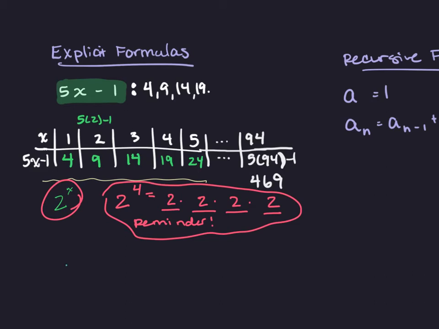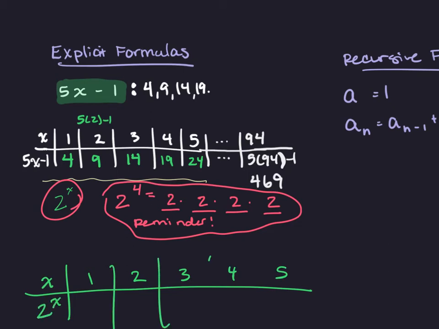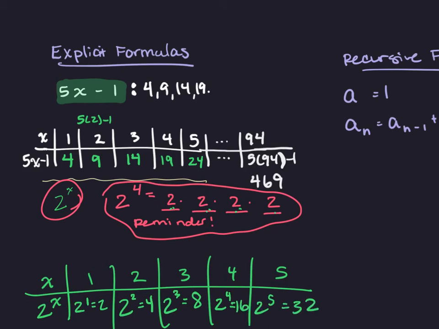But we could have explicit formulas that look like this, where if we have x is 1, 2, 3, 4, 5, and then 2 to the x, we could just replace the x. So 2 to the 1 is 2. 2 squared is 4. 2 to the 3rd power, that's 2 times 2 times 2. That's 8. 2 to the 4th, 2 times 2 times 2 times 2, which is 16. And then 2 to the 5th, which is 32.